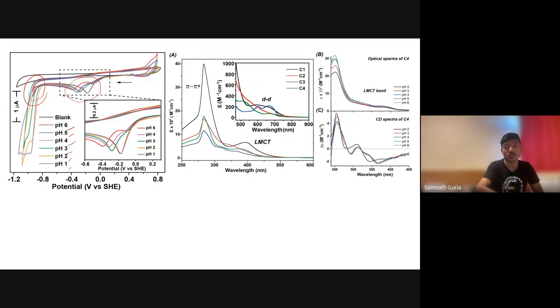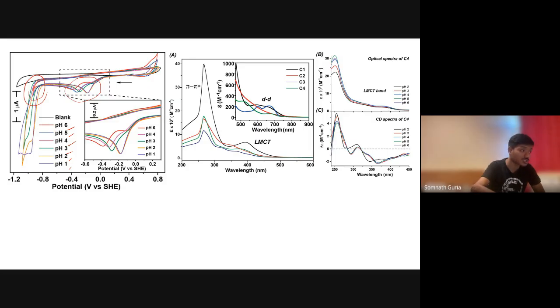This is because of hydrogen production, and that hydrogen was found by gas chromatography. They collected the gas from the head space of the solution, injected it into the gas chromatograph, and found the hydrogen. So because of this catalytic peak, we are getting hydrogen.